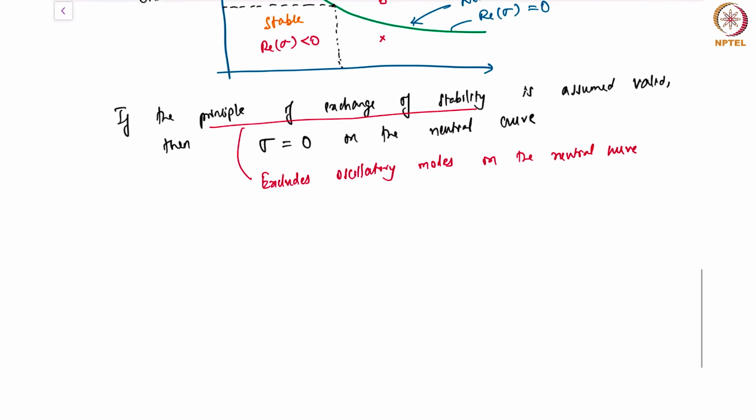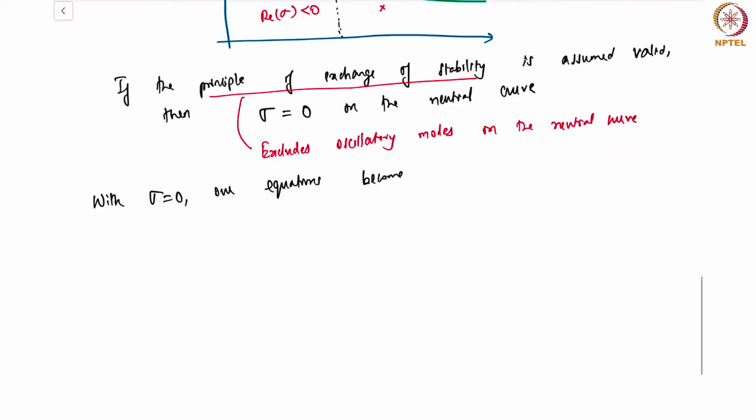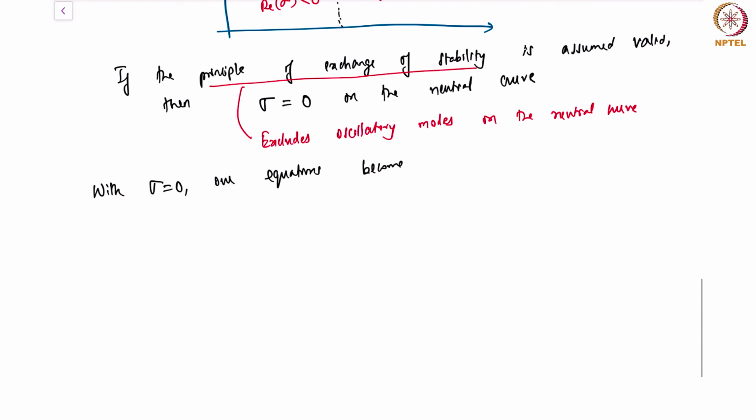If sigma is 0, then with sigma 0, our equations become: d square minus alpha square of h is equal to f.